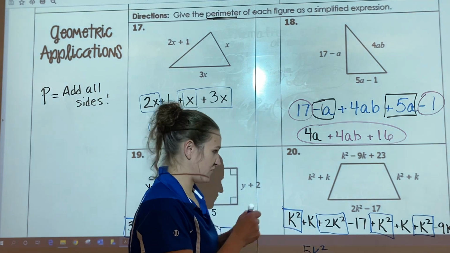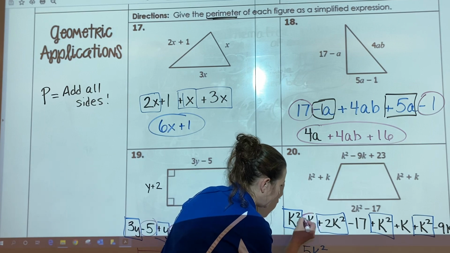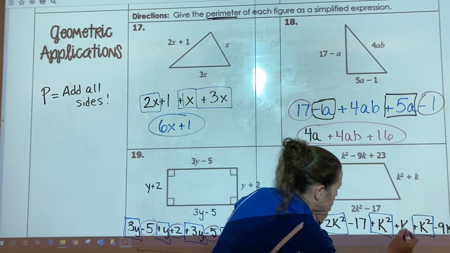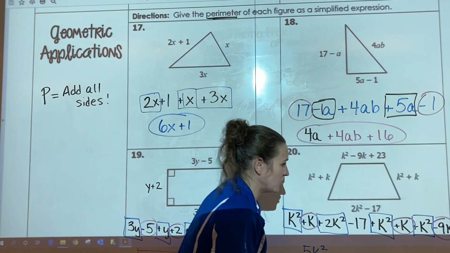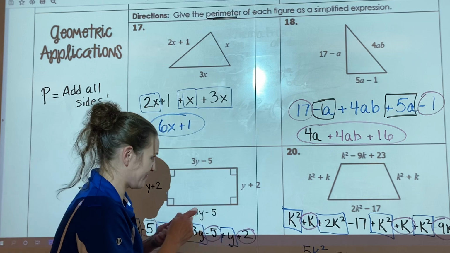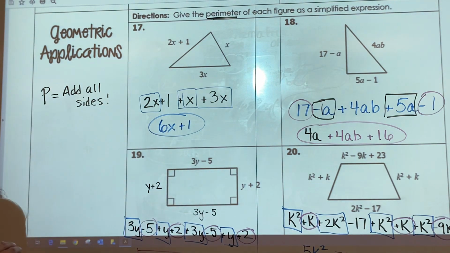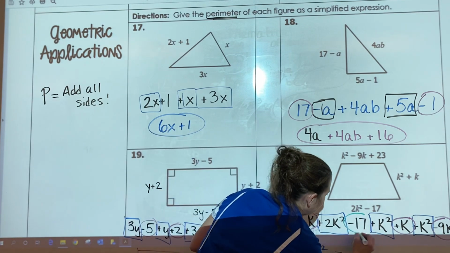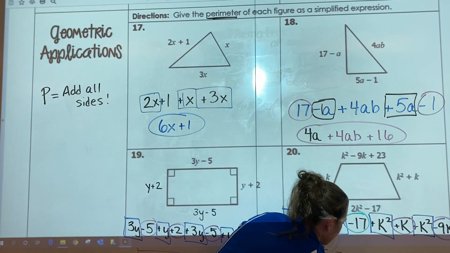All right, let's look for my k's. 1 here, 2 minus 9 would give me negative 7k. And I need my green. Negative 17 and positive 23 would give me positive 6.